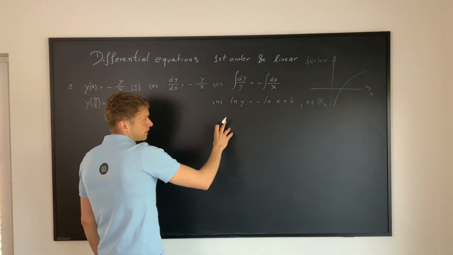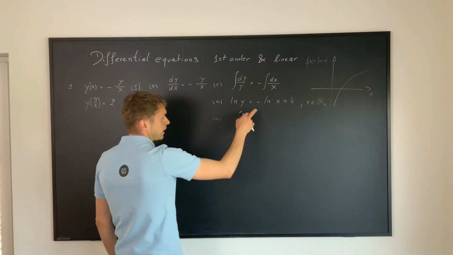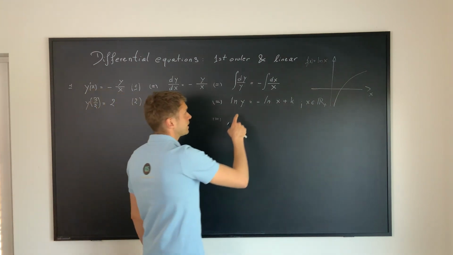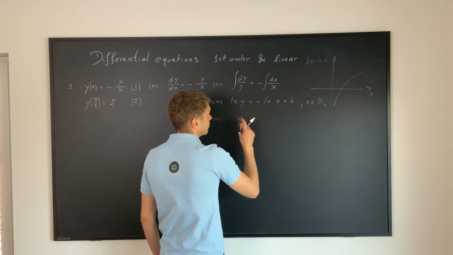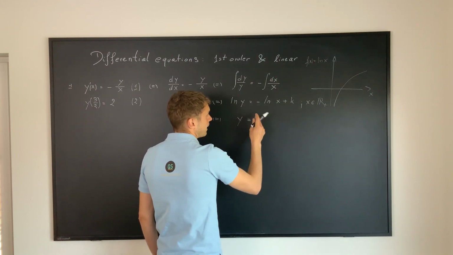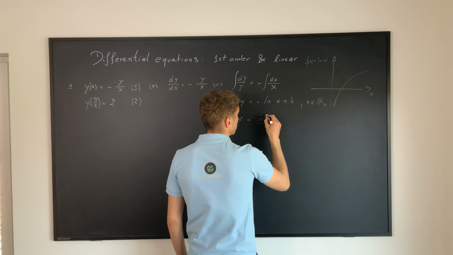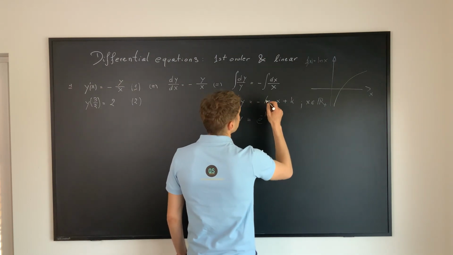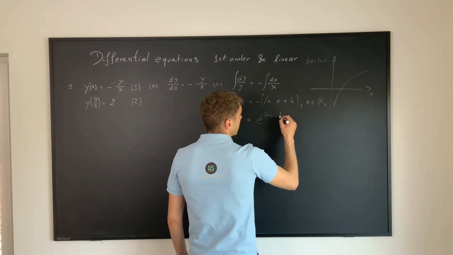From this we can then apply the exponential function on both sides of the equation, and then on the left hand side we isolate y, and on the right hand side we obtain something like exponential of minus ln x minus k, because what we forgot here is to put a parenthesis, minus k.